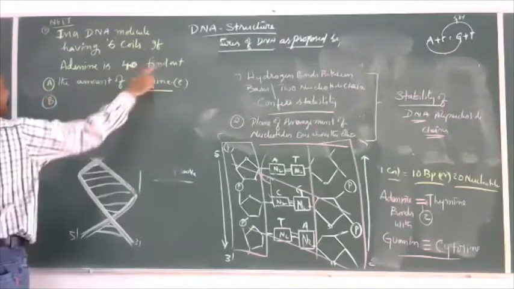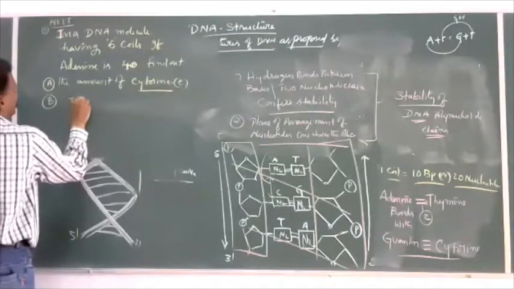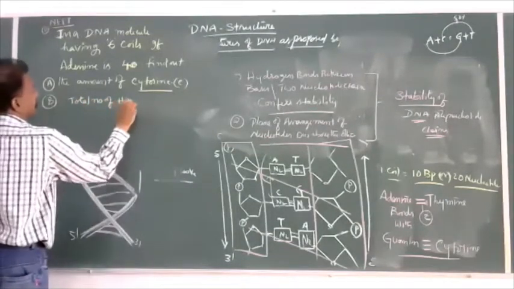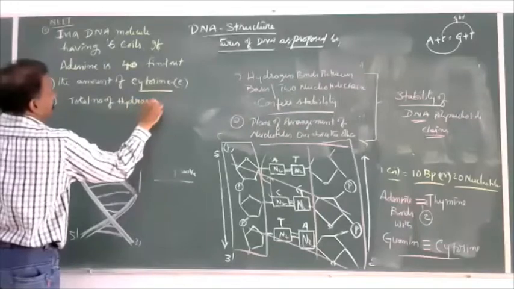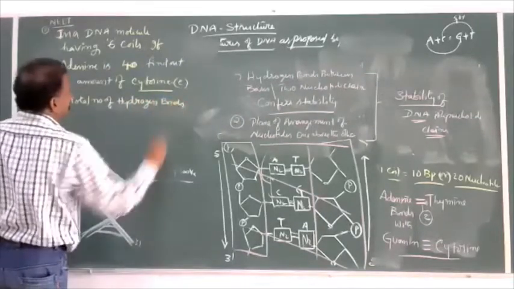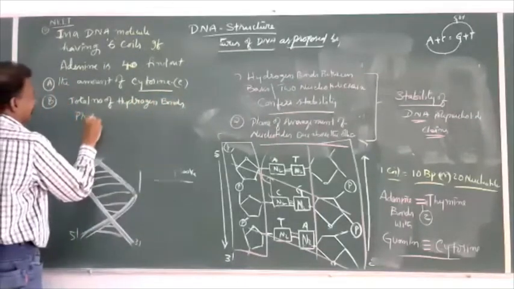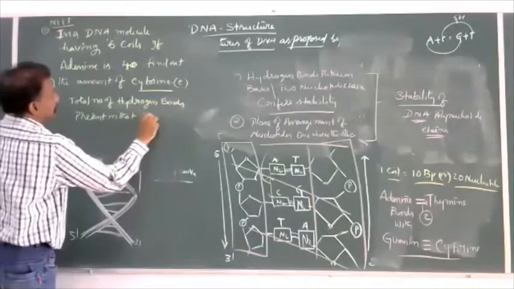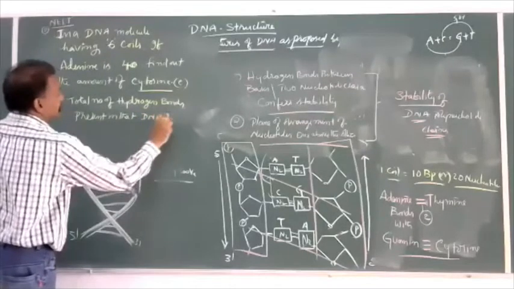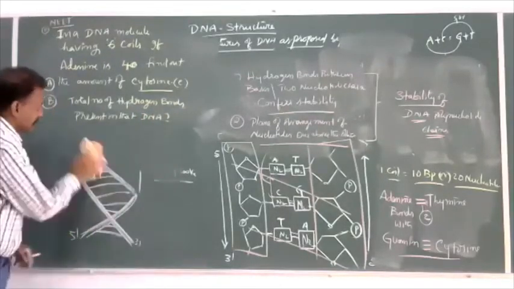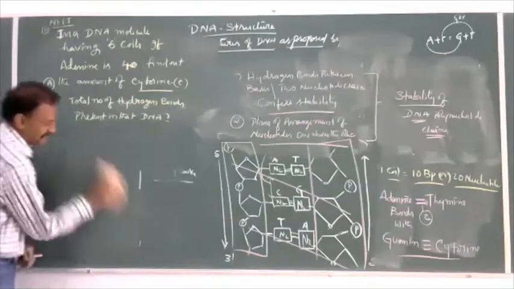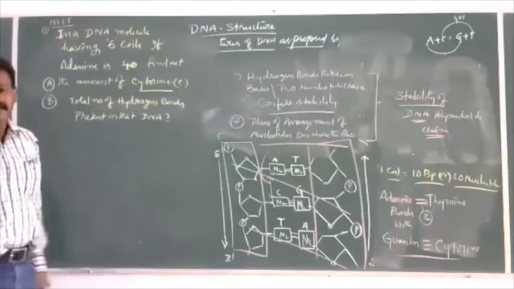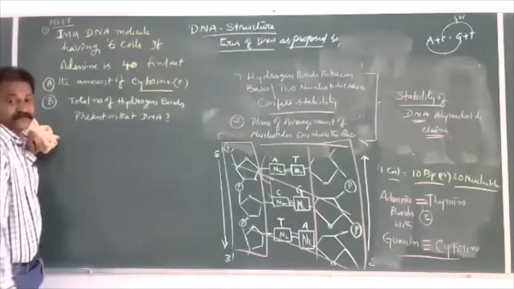B, find out the total number of hydrogen bonds present in that DNA. So 2 questions they have given here based on the same concept. Explanation. They may give various options.